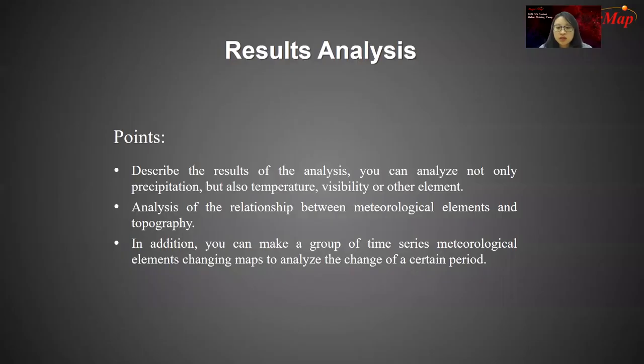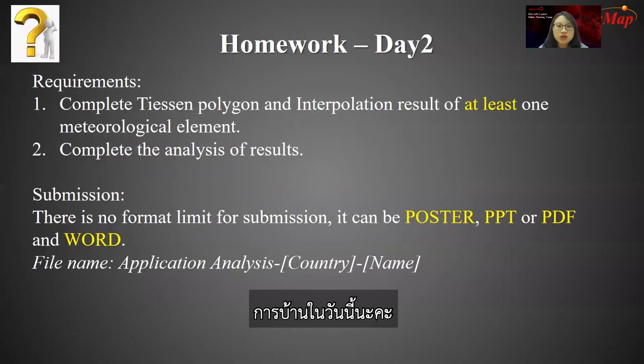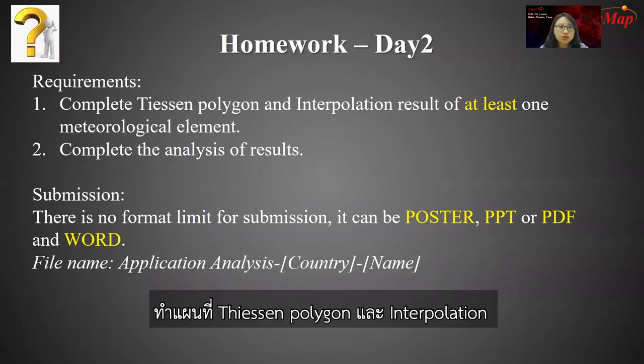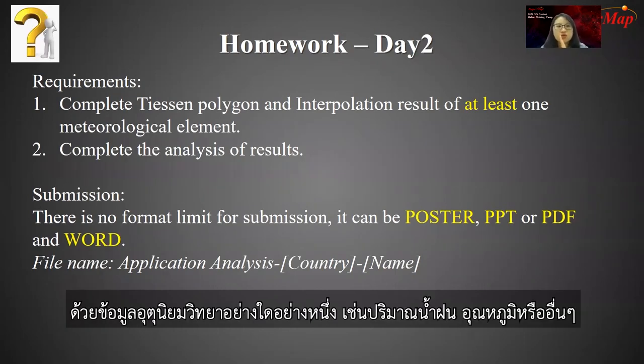And here, the homework for you is to complete the testing polygon and interpolation results of at least one meteorological element, such as the precipitation and also temperature or others.